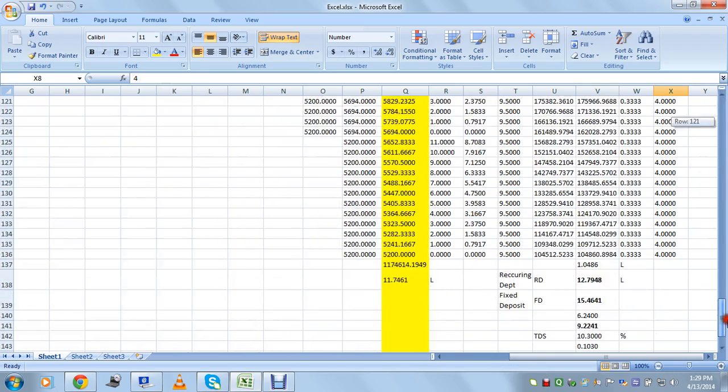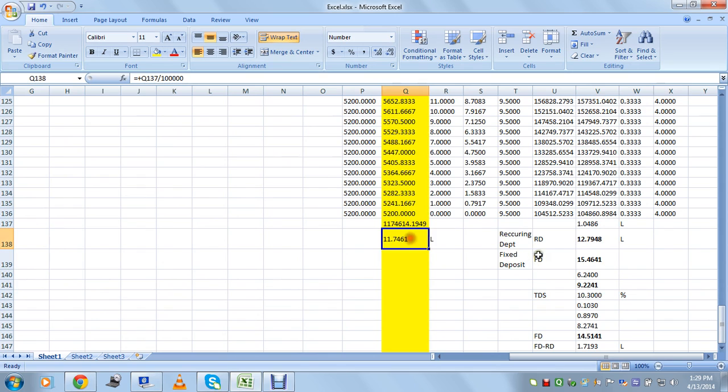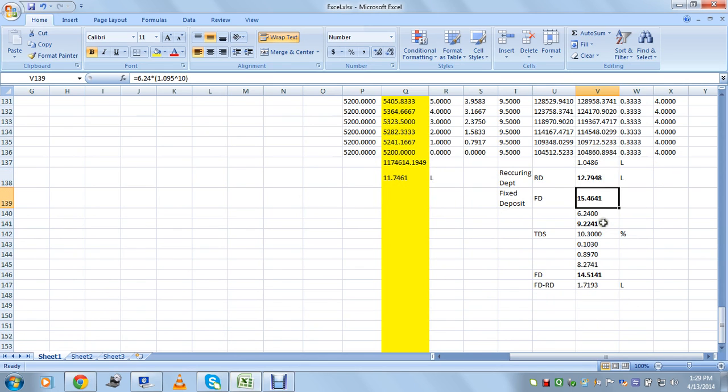Combining that, the entire RD returns and the savings, you get only 12.79 lakhs. But if you go for FD, your amount is 15.46 lakhs, and after the TDS it is still 14.51 lakhs. So the difference between 14 and 12 is almost 2 lakhs; it's 1.7 lakhs.